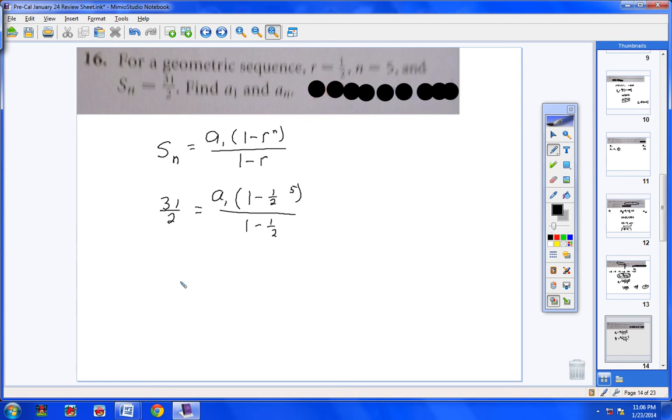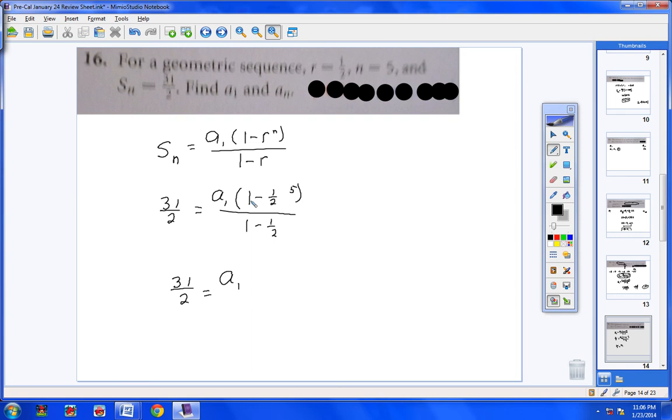Now, I'm going to simplify this right side of the equation, and I have 31 over 2 equals, now watch carefully what I do here, 1 minus 1/2 to the 5th power.